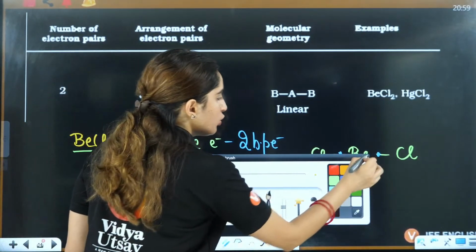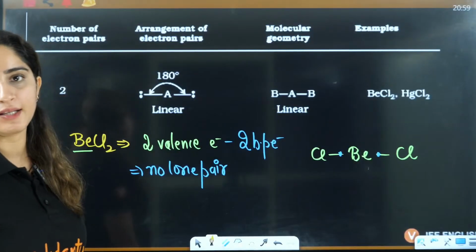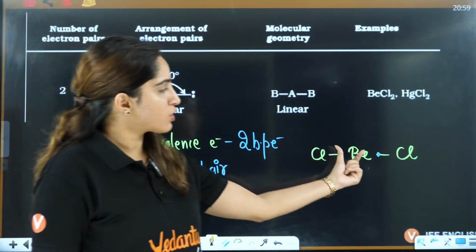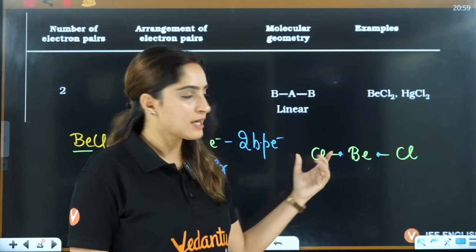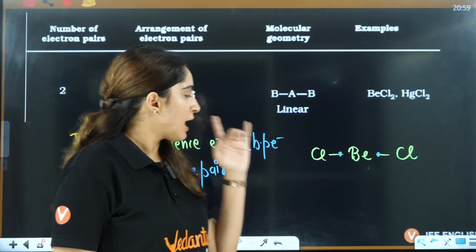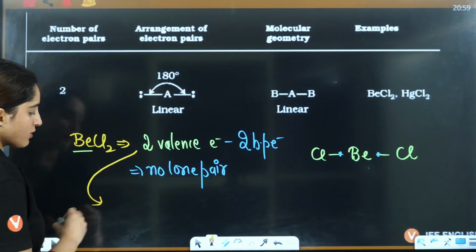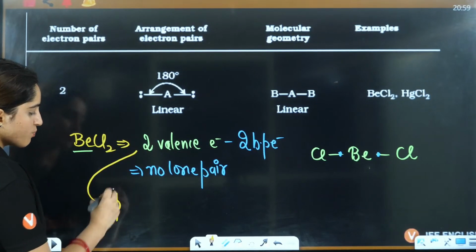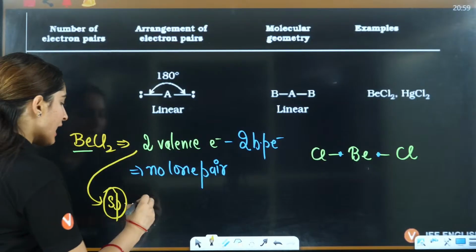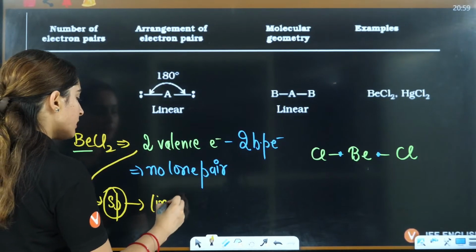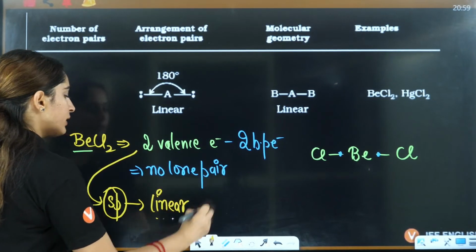If there is no lone pair, you are going to have only 2 here, and this 2 corresponds to sp, which gives linear geometry.